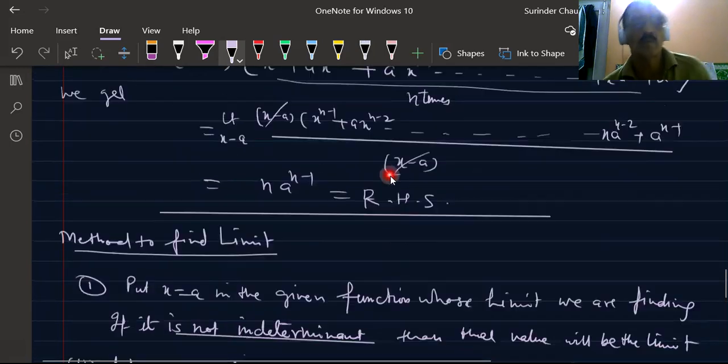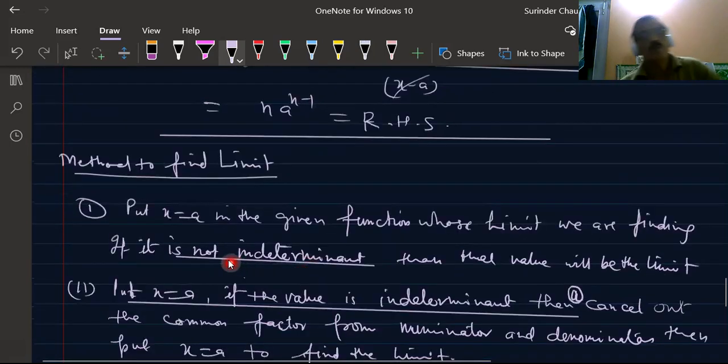Now, how to solve problems? The basic first step is to put x equal to a in the given function. If after substituting x equal to a the function gives a finite value, then that is the limit. But if it is not finite, then the value will not be the limit.